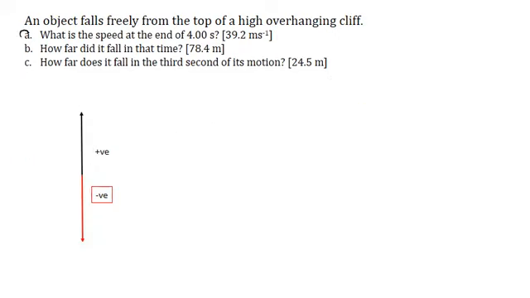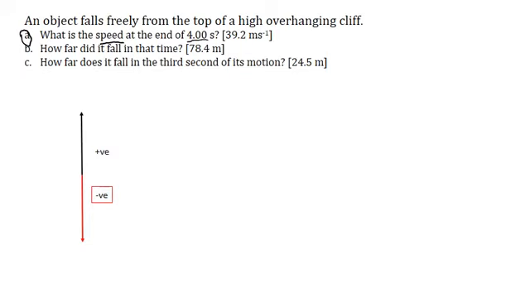Okay, let us look at part A of the question. Now, in part A, we are asked to find the speed of the object at a time of 4 seconds. Obviously, the previous equations are vector equations, so v is velocity. So how do you get the speed?